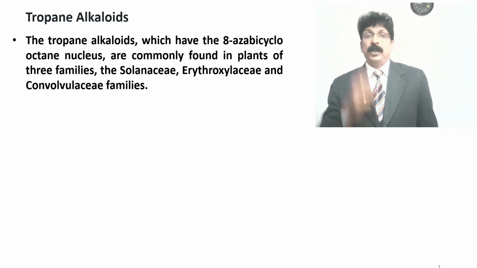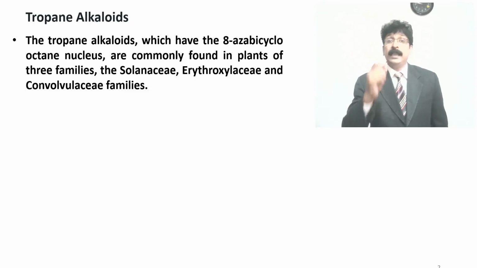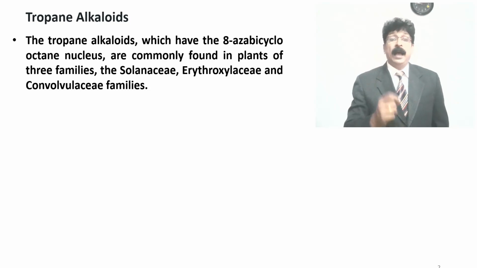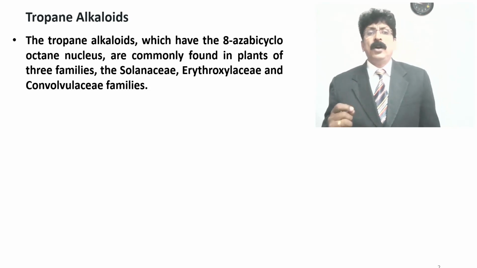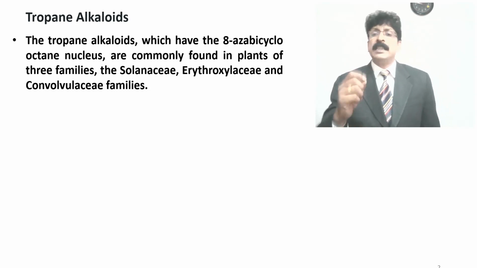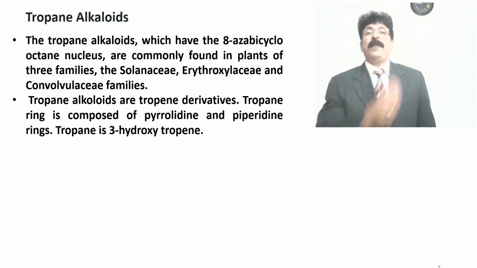The Solanaceae family contains tropane alkaloids, not only Solanaceae, but also Erythroxylaceae and Convolvulaceae. Especially we are going to see the Solanaceae family, the 2 leaves, in today's discussion.